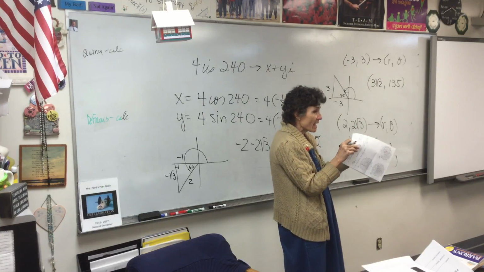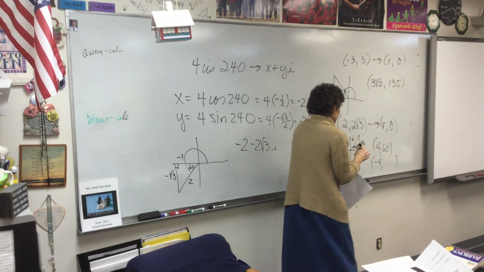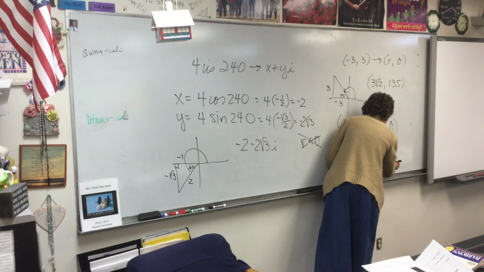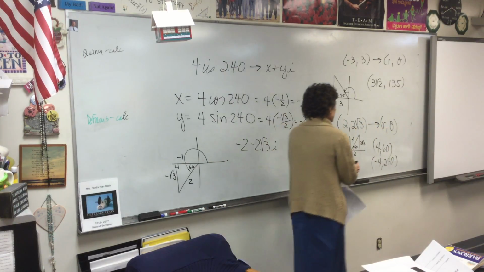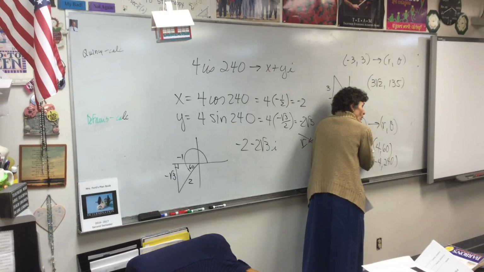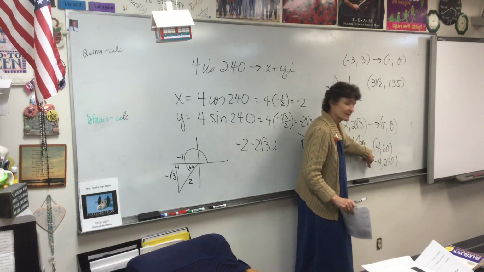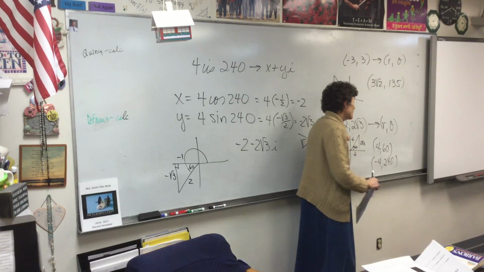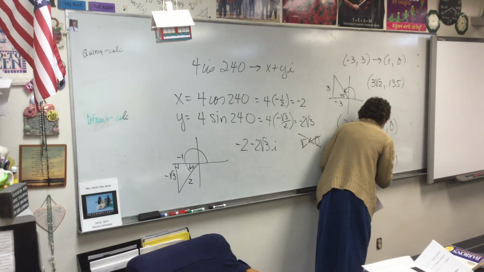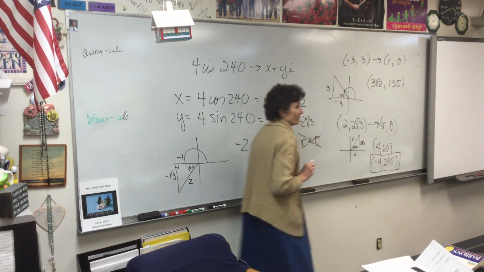What happens to the angle when you make R negative? You add 180 or subtract 180. You change it by 180. So these are exactly the same point, gang. They would be plotted right on top of each other. But this particular problem wants that version of it.